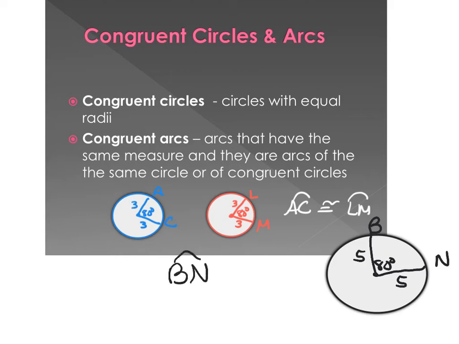BN would not be congruent to AC because these are not congruent circles.